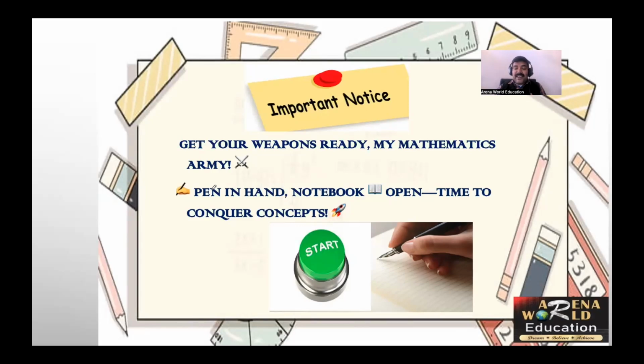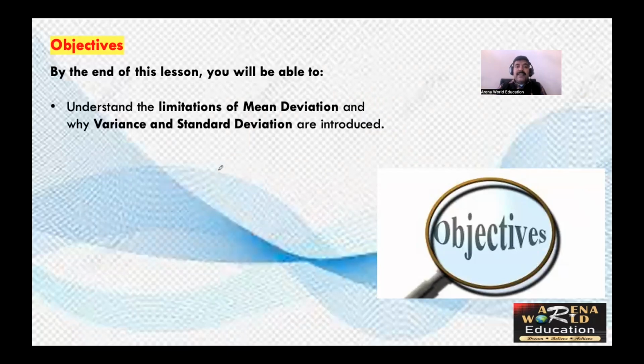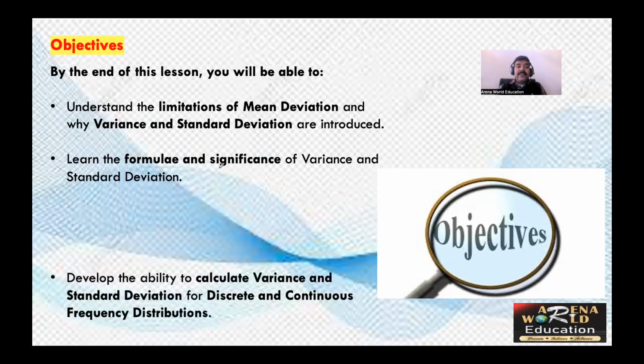So let us start. If I talk about today's objective, by the end of this lesson, you will be able to understand the limitations of mean deviation and why variance and standard deviations are introduced. You will be able to learn the formulae and significance of variance and standard deviation.